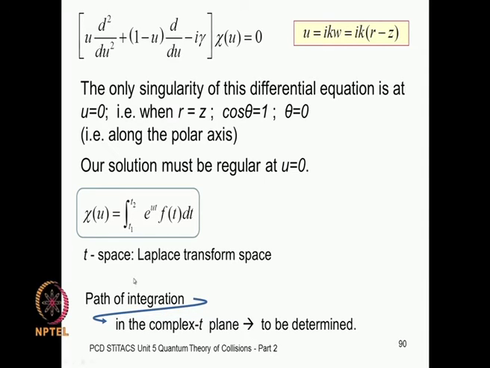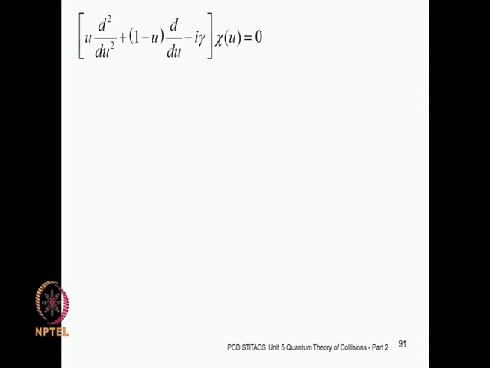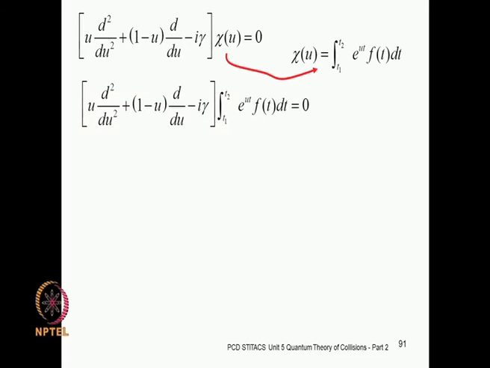So, we have to find an appropriate path of integration in the complex t plane. So, you have got a complex t plane, you have got the real axis and the imaginary axis, and the path of integration in the t plane is something that we have to determine, so that we get physically acceptable solution.